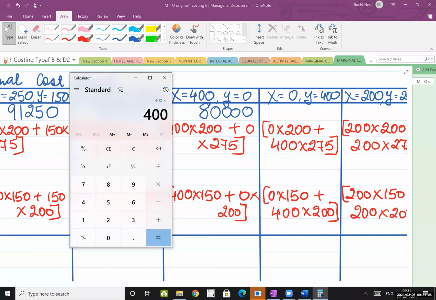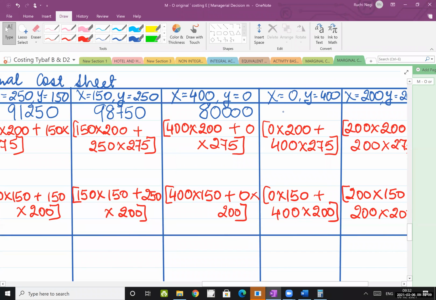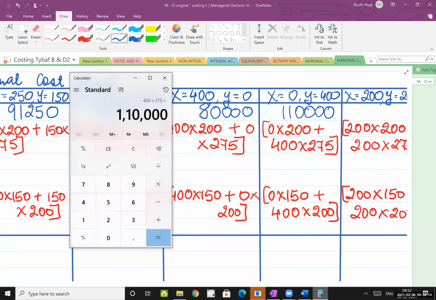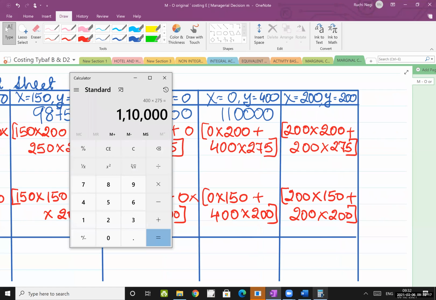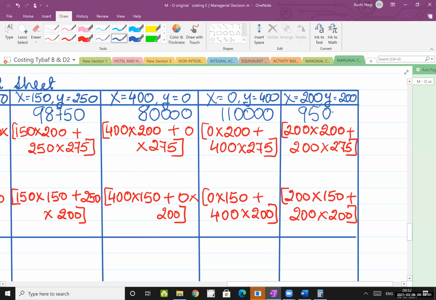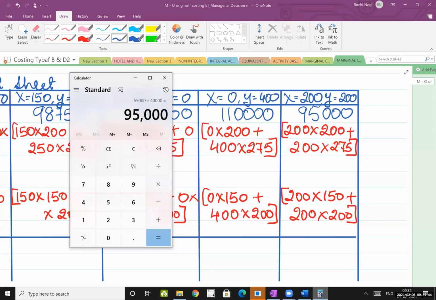Next is 400 into 275, 1 lakh 10 thousand. And the last one, 200 into 200, no, it will be 40,000, and 200 into 275, 55,000. It's 95,000. Please verify.